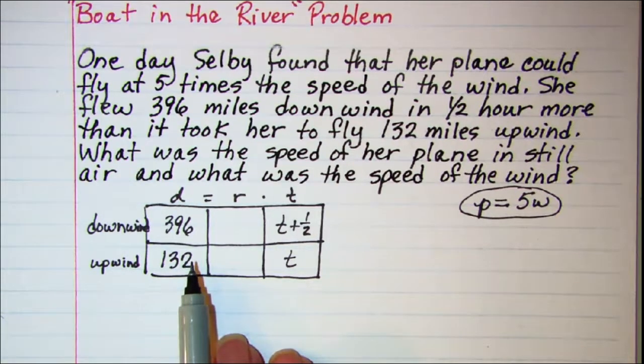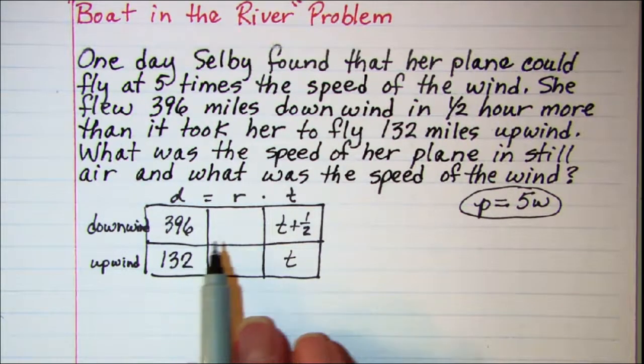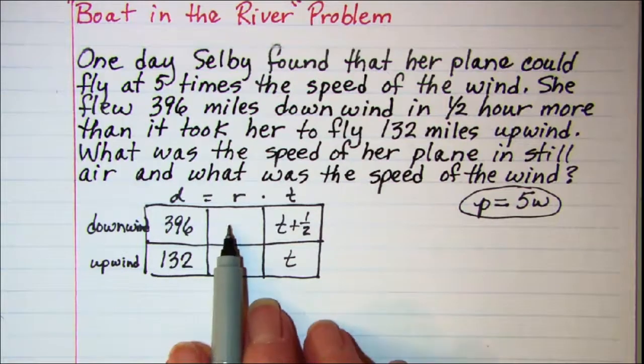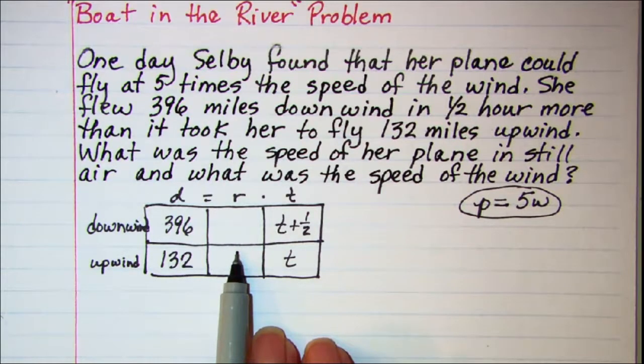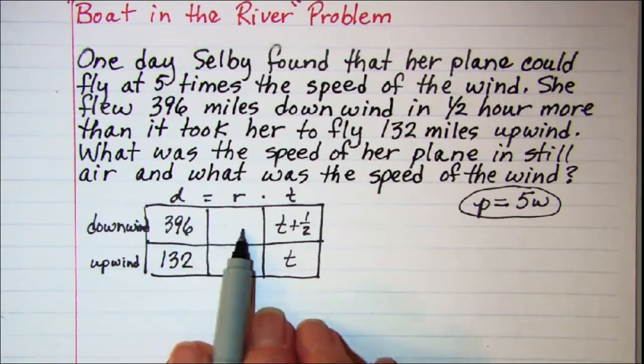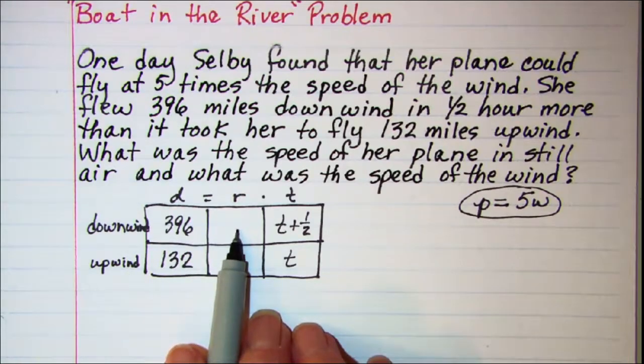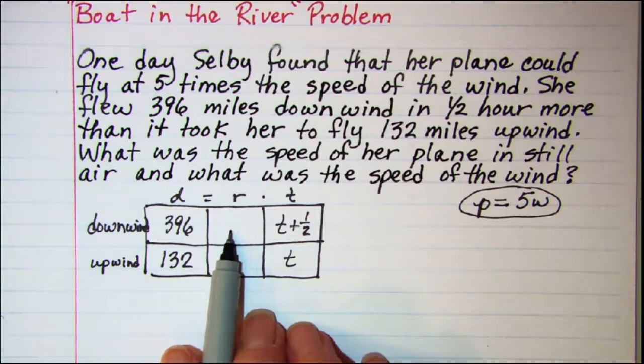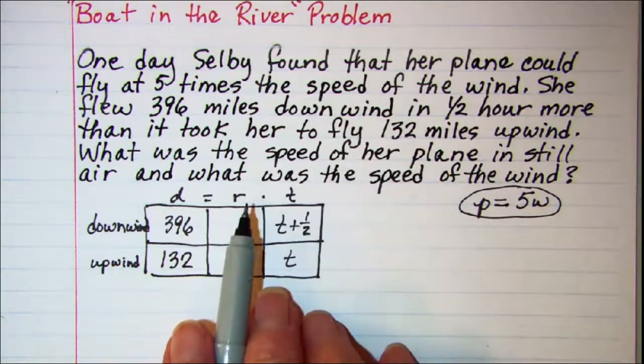Now for boat in the river problems, these rates are what make the problem different from other distance equals rate times time problems. When I'm going downwind or downriver, with the current or with the wind, the rate of my vehicle is speeded up by the rate of the current, or the rate of the wind in this case.